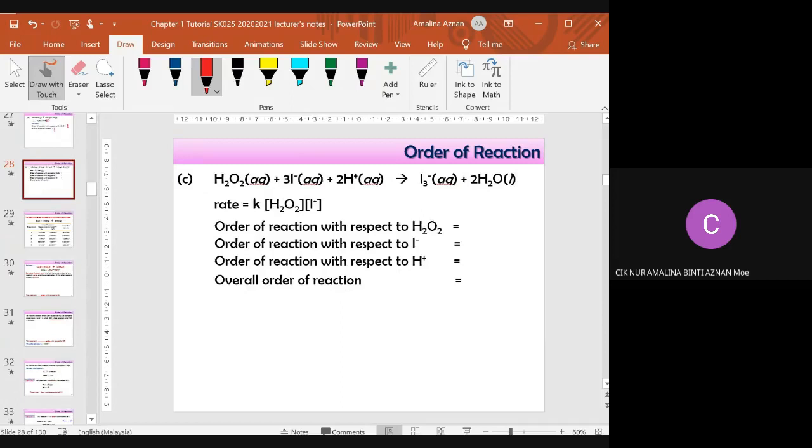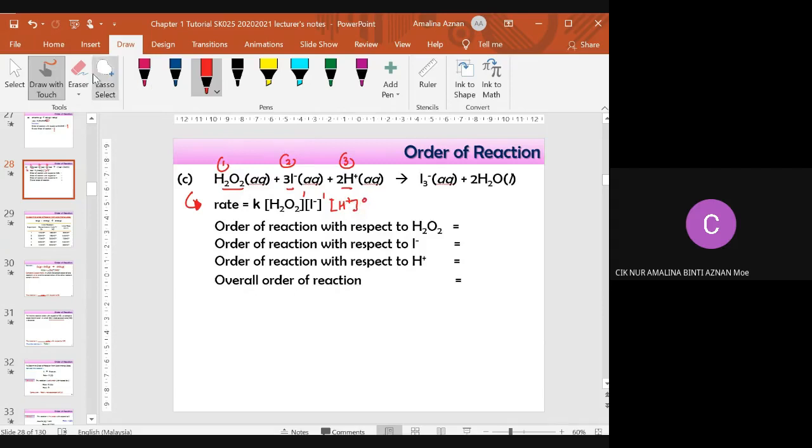Okay, so ini. Okay, so cuba tengok. Kamu ada reactant 1, 2, 3. So supposedly your rate law, rate equals to K concentration of H2O2, I minus dan H plus. Tapi kenapa given here, okay, tak ada pun H plus. So maksudnya apa? Ini adalah order 1, 1 and H plus 2 adalah order 0.